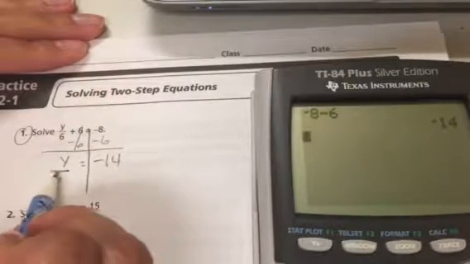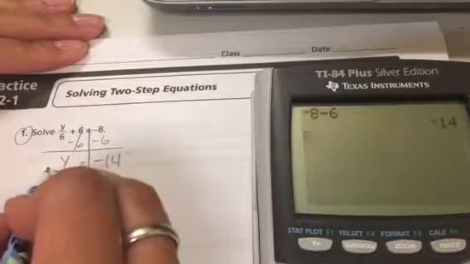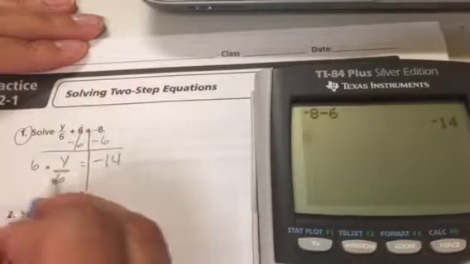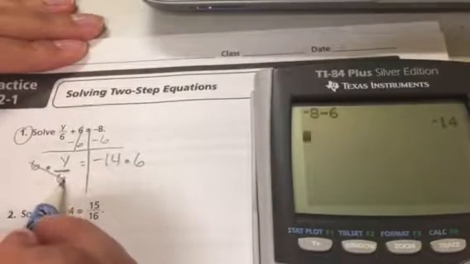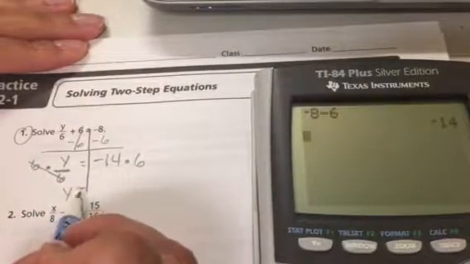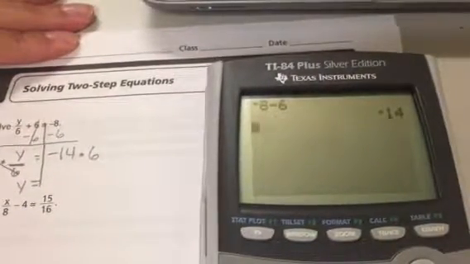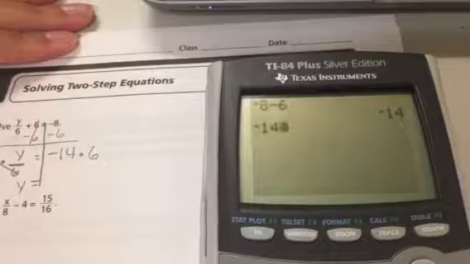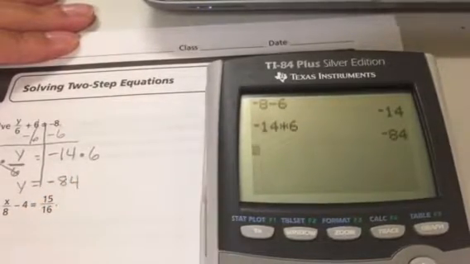Right now it's being divided by 6. So the opposite of division would be to multiply by 6. And whatever you do on one side, you do it to the other. So the 6's would reduce, and I would be left with y equals, now in my calculator, I'm going to type in negative 14 times 6, and I get negative 84.